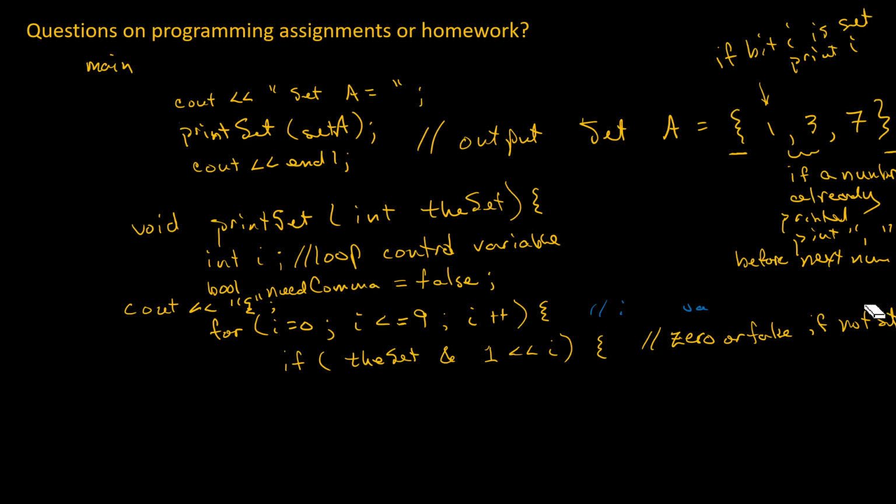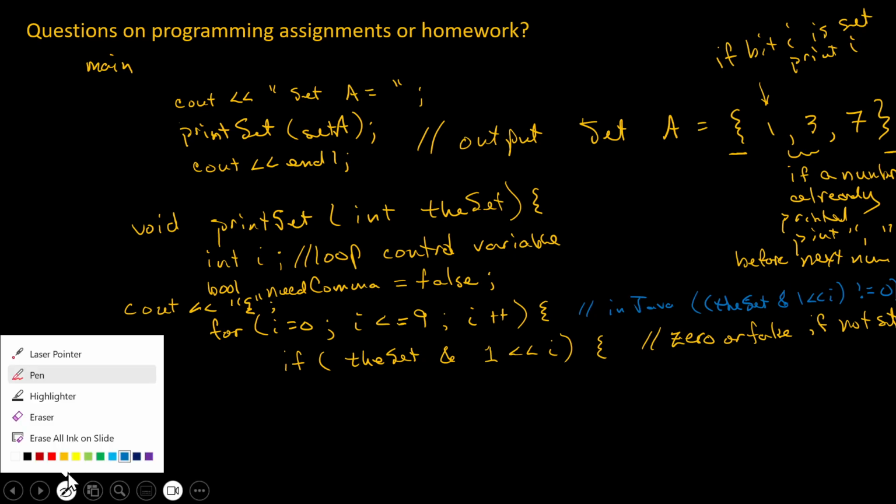So, since we're not doing Java, I don't need to do that, but I've got that in the documentation. In Java, we would have set bitwise and with 1 shifted by I, or we could check not equal or greater than or equal to 1.